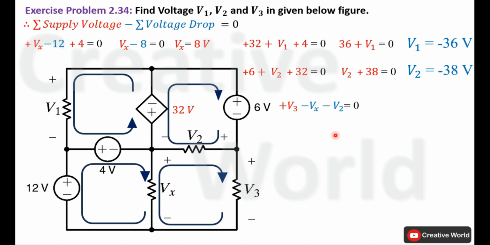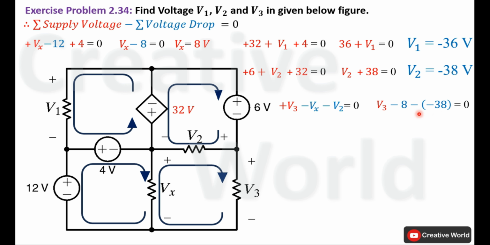Inside this equation, we have the values of Vx and V2 which we have already calculated. Value of Vx is 8 volt while value of V2 is minus 38 volt. So place the values inside this equation. Vx is replaced with 8 and V2 is replaced with minus 38 volt.